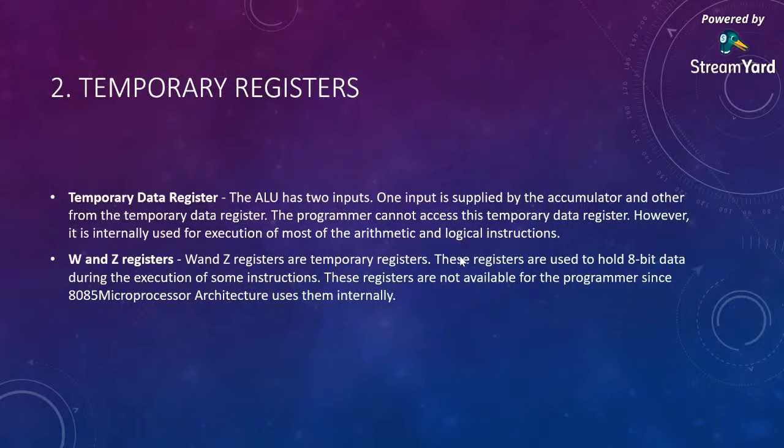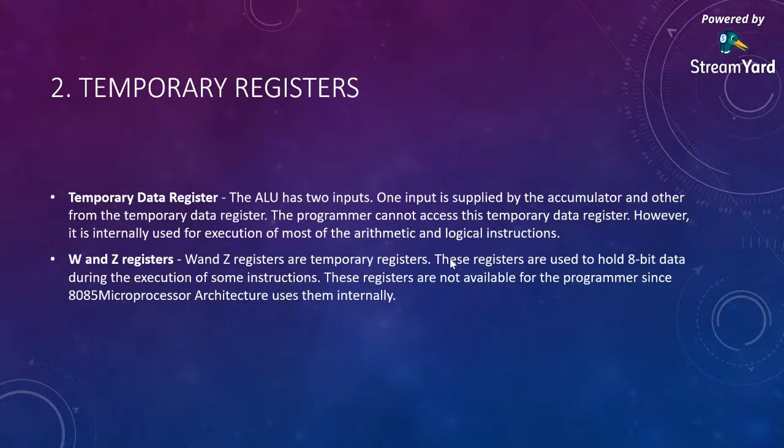Temporary registers: temporary means not eternal, right? The ALU has two inputs. One input is supplied by the accumulator and the other from the temporary data register. The programmer cannot access the temporary data register; however, it is internally used for execution.